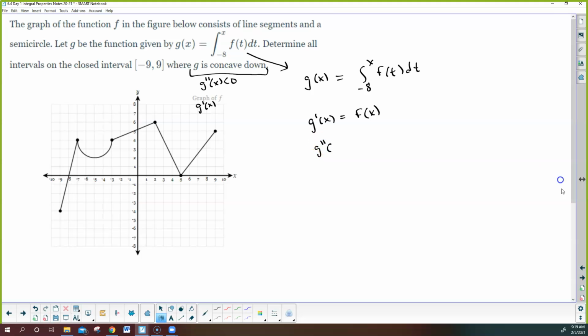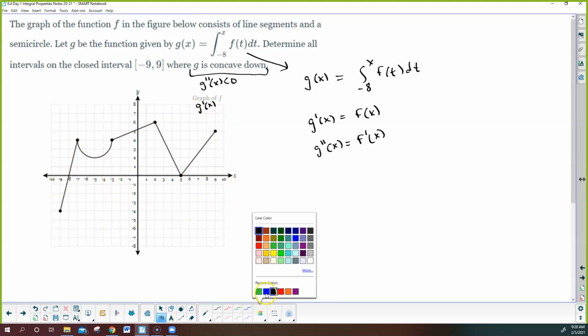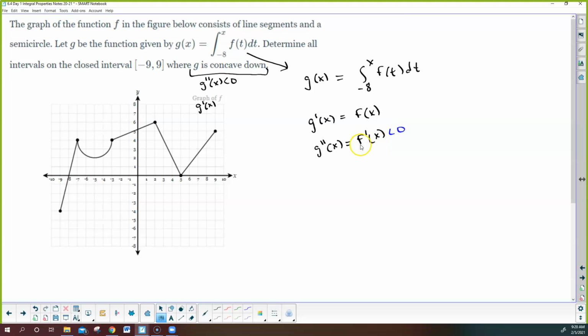So then if I take the derivative again, that tells me that g double prime is the same as the slopes of this graph. So I need to figure out when this value is negative. Right? When do I have negative slopes?